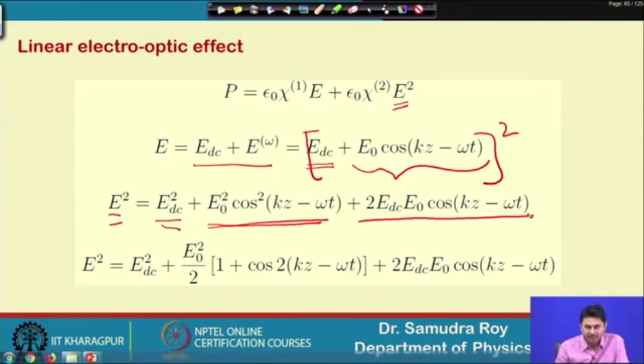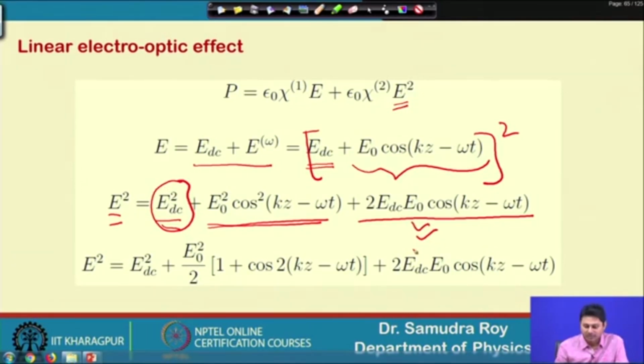So, three terms are appearing because of the additional DC term. Mind it, when I make a square term, because of the DC, one term should be here, that is for sure, but another term, which is much more important, is this one.